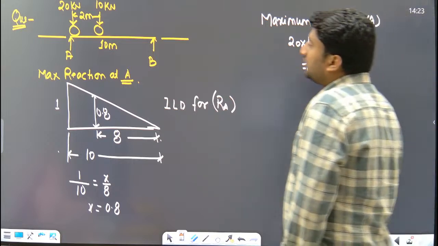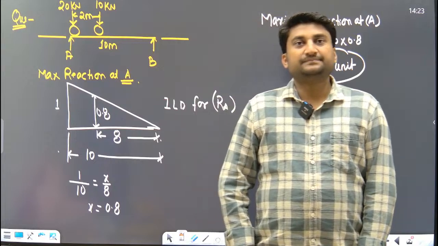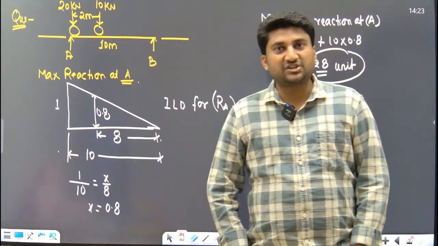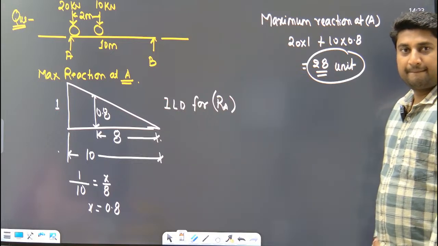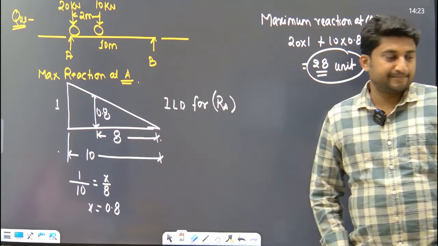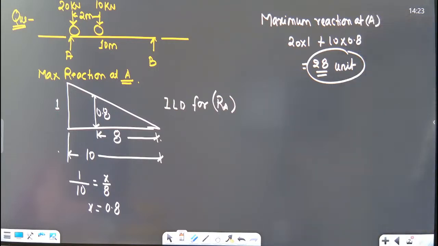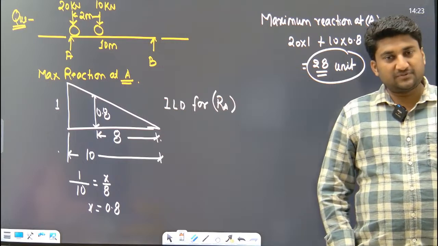Instead of these point loads, let us suppose a uniformly distributed load is moving on the beam, then you need to find out the maximum reaction. Understood this concept? Shall I proceed ahead?